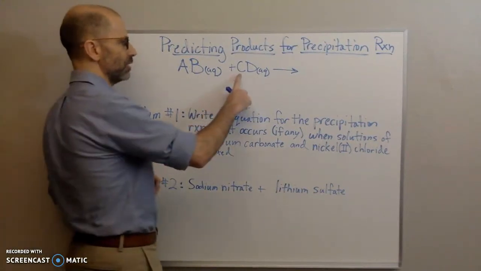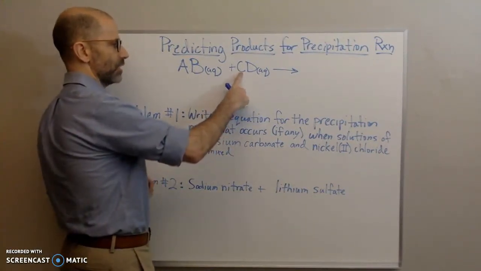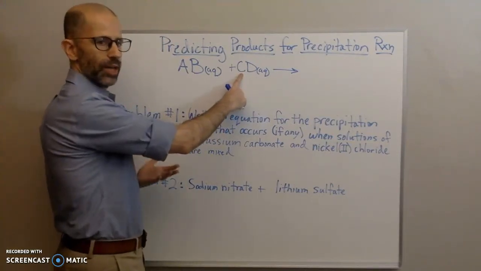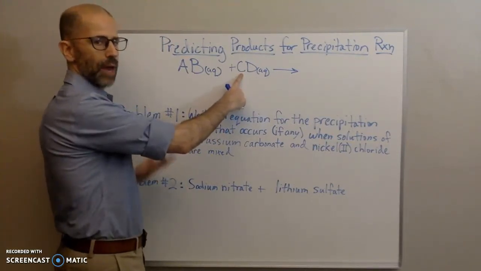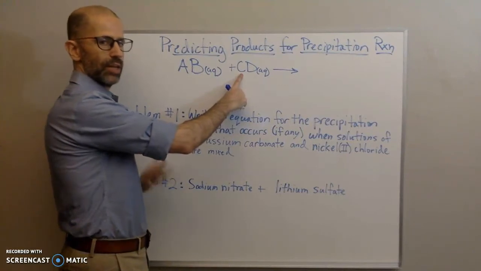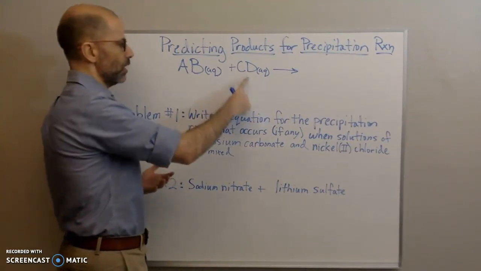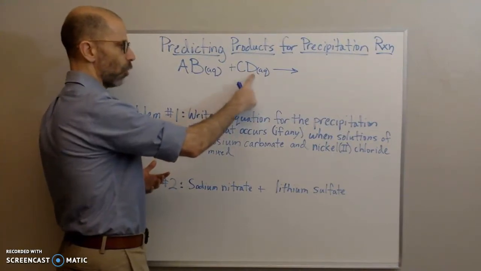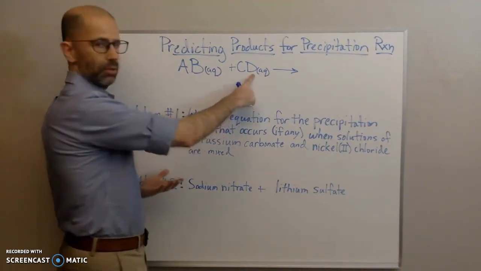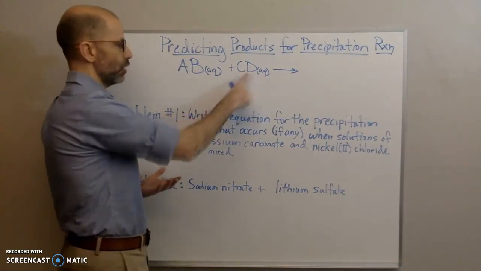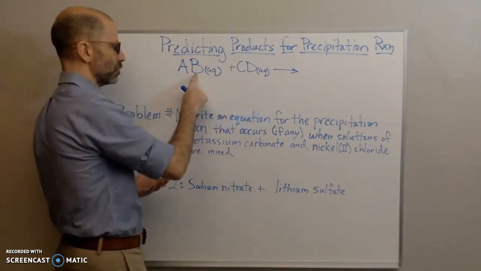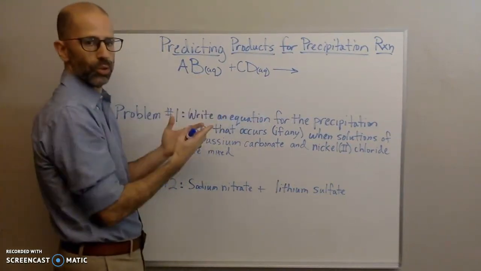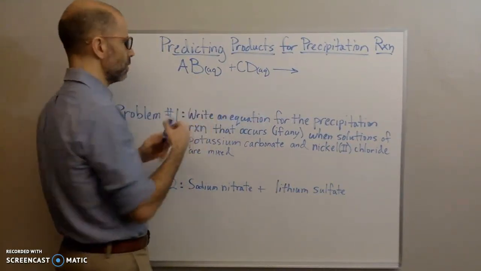Well, if C is positive, then there's only one other negative ion it can go with, because positive can only go with negative and negative can only go with positive. So this positive ion is already with D, which is negative. So the only other negative ion is B. So C and B going together is the only other possibility, right?